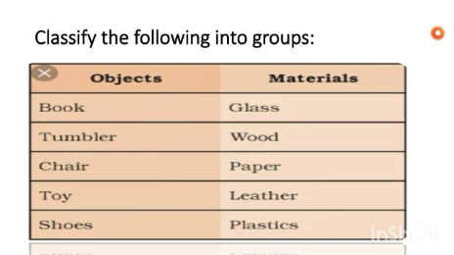Next we have chair. Chair can be made of any material, but here as you can see in the options, the chair will be made up of wood. Yes, the chair is the wooden chair that is present. And the next is toy, which will be made up of plastic, the toys you have. And finally we have shoes which are made up of leather. So like this you have solved this question, and hope you understood the lesson.